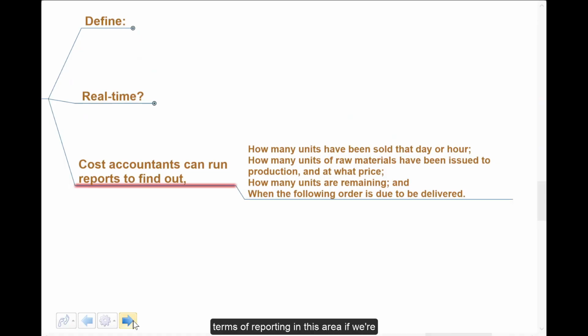So in terms of reporting in this area, if we're looking at the area of inventory, what could we find out from a bulletproof inventory management system? Well, certainly, number sold that day or that hour. Certainly issues, as we saw up top, of raw material to production and indeed at what price.